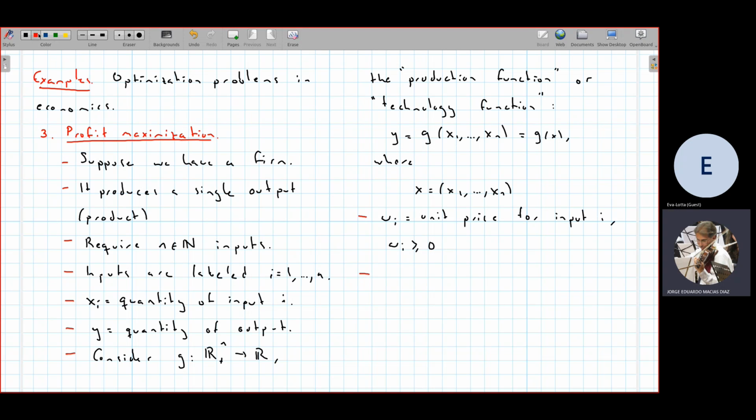The next feature is probably the most interesting one of this model. We're going to consider a function p that goes from R plus into R plus.